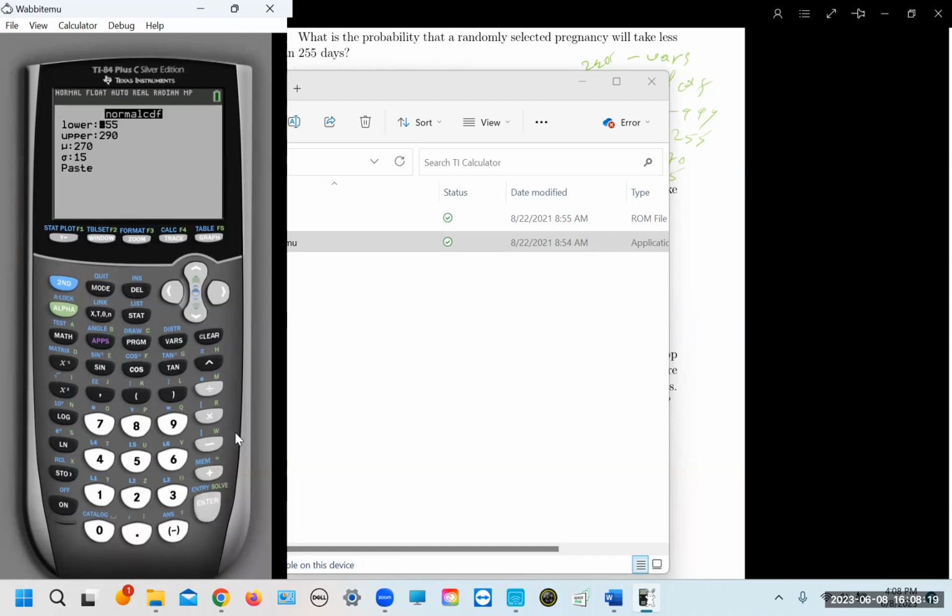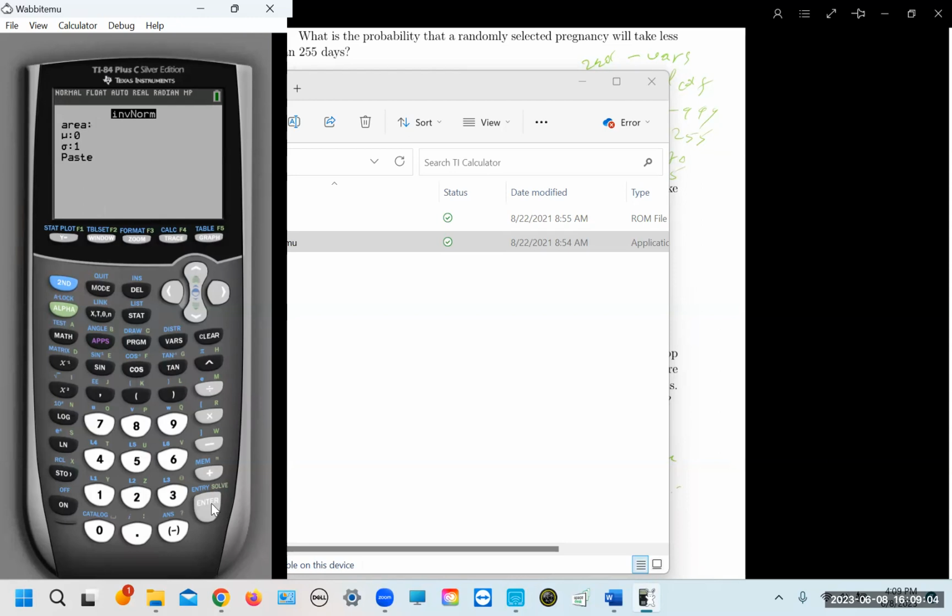So this one we should go with the inverse norm, number 3. So I can go second var, second var, and number 3, inverse norm, and the area.